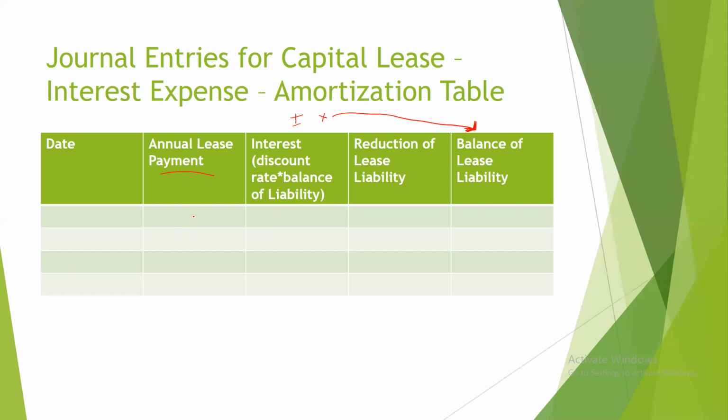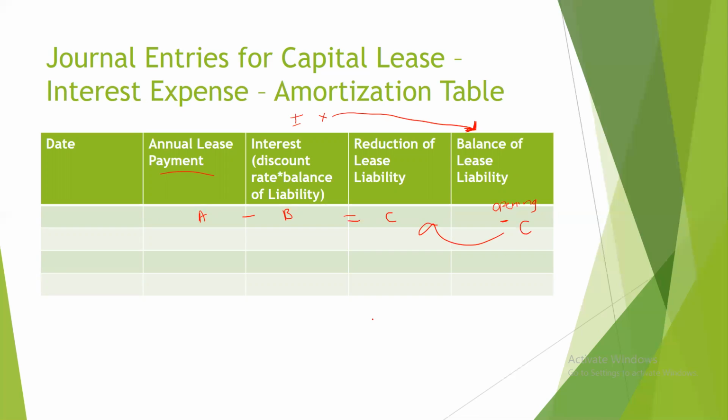Your A minus B is going to equal your C. So you take your lease payment minus your interest, and that gives you this reduction. And then the balance of the lease liability is your opening balance minus whatever your C is.